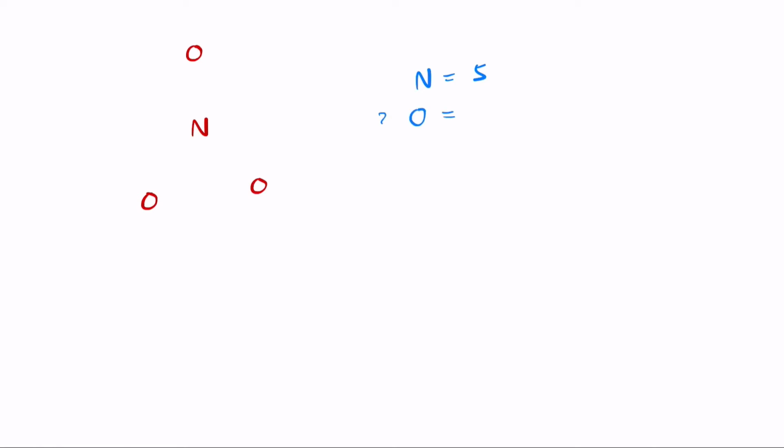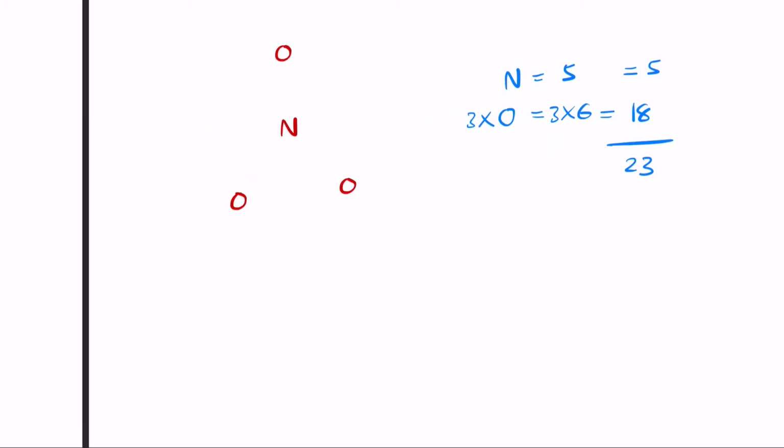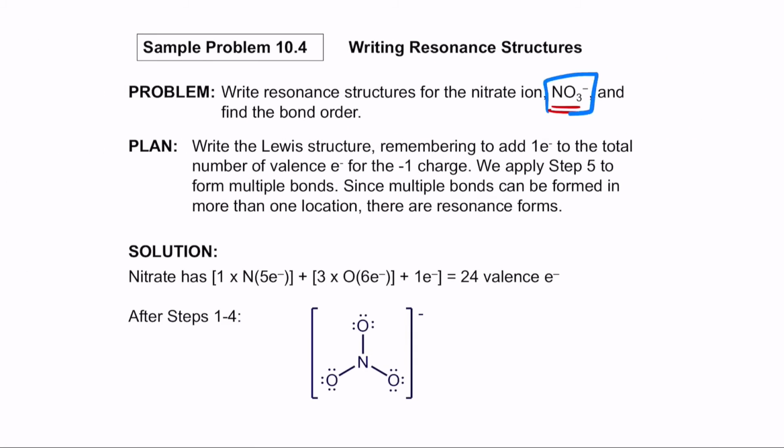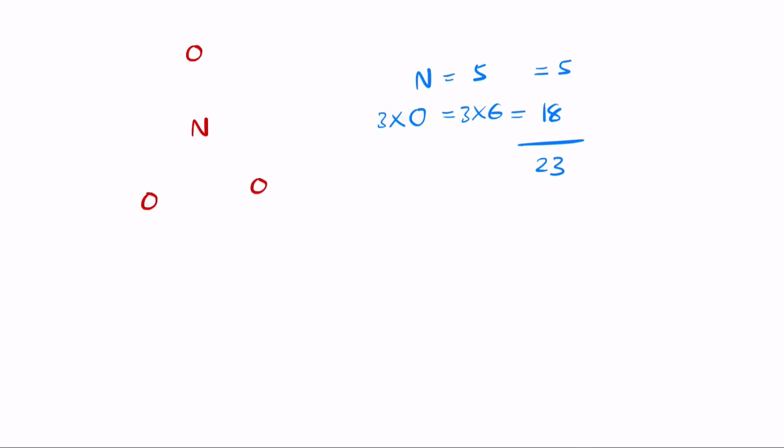Oxygen is a group 6 element, there are 3 of them, so it becomes 3 times 6, which is 18, and here 5. So 18 plus 5 gives you 23. But notice that this is actually an ion, NO3 minus, which means there is an extra electron here, which is a total of 24 electrons.